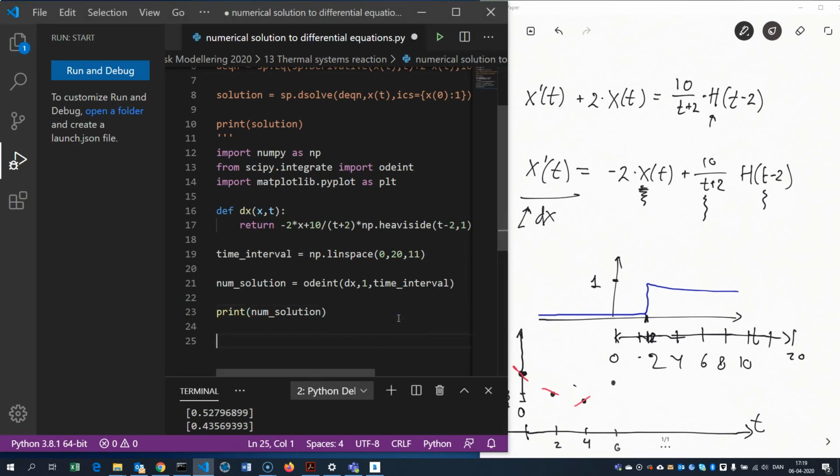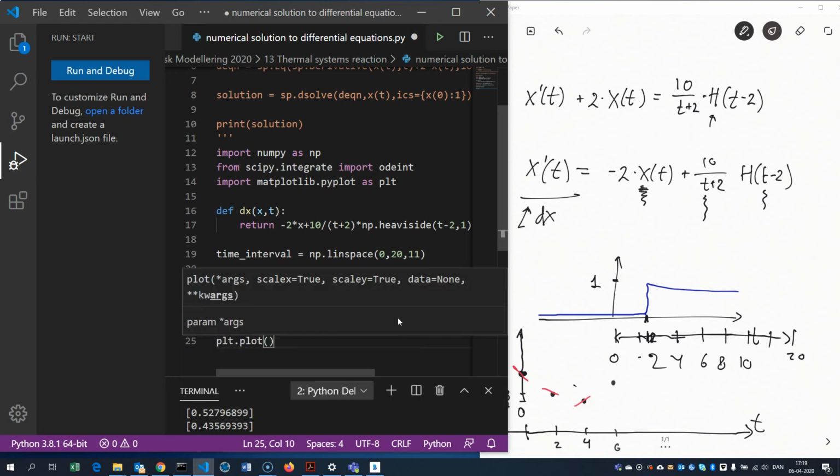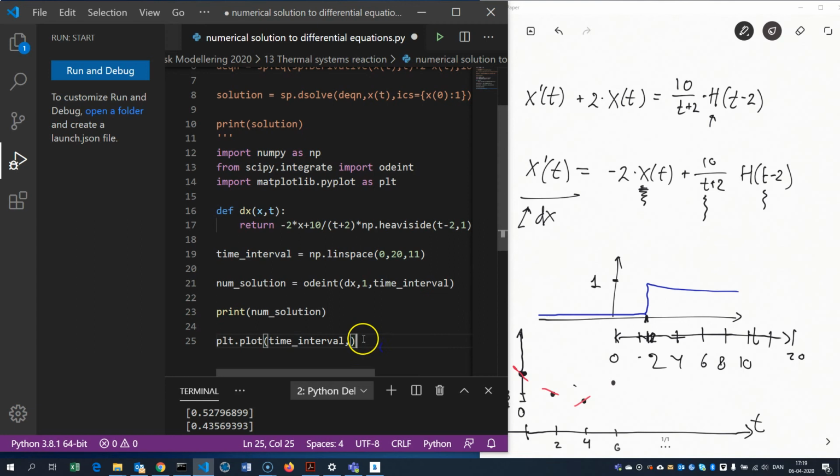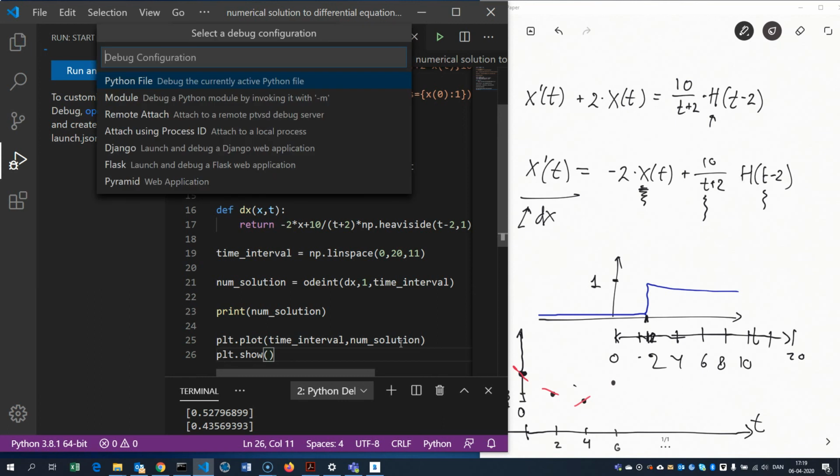Let's look at the solution. So I'll plot my t points, my t vector. That's my time interval. That's 11 time points against my solution points. Like that. And let's show the plot and run the script.